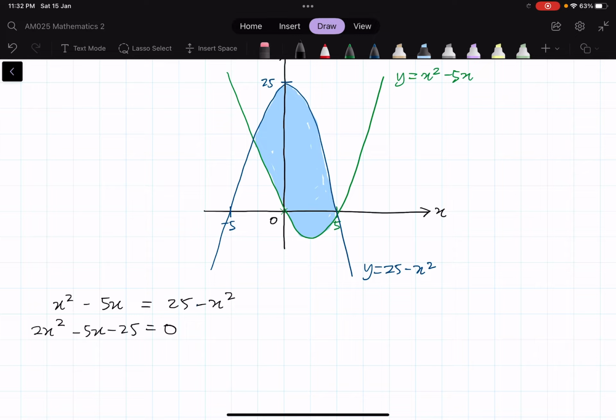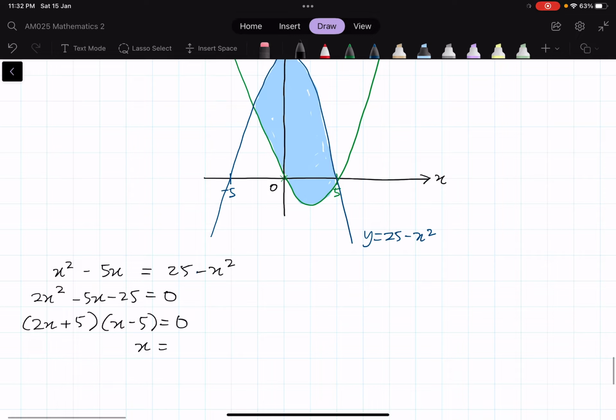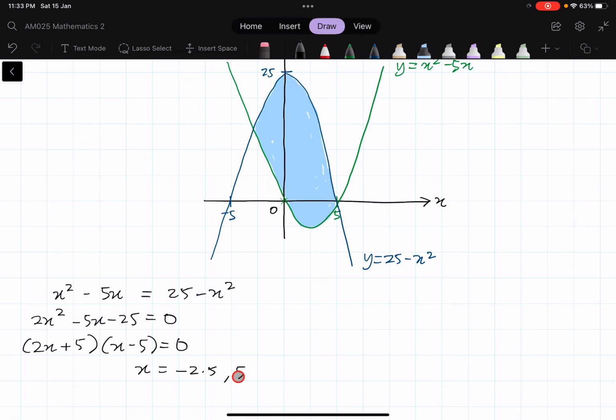Then if we factorize, we get (2x plus 5)(x minus 5) equals 0, and x equals negative 5 over 2, or negative 2.5, and x equals 5. At x equals 5, this is where the two lines intersect, and x equals negative 2.5 is a point here. So we have the lower limit now.